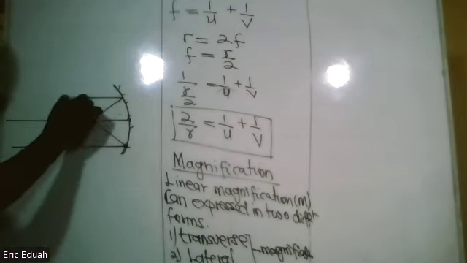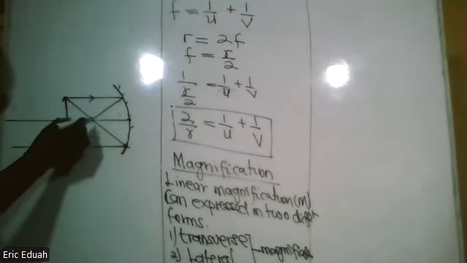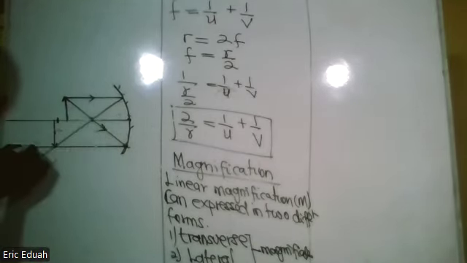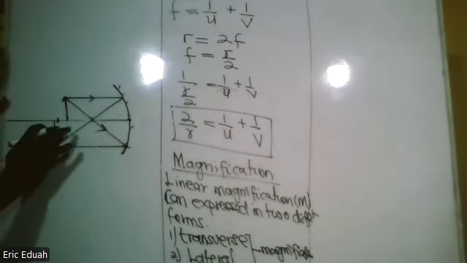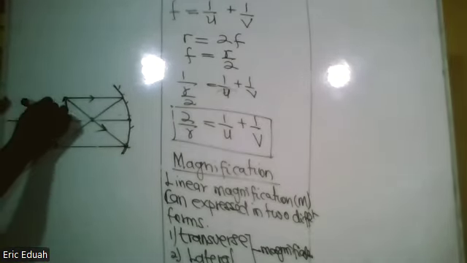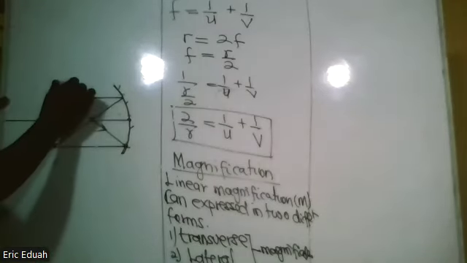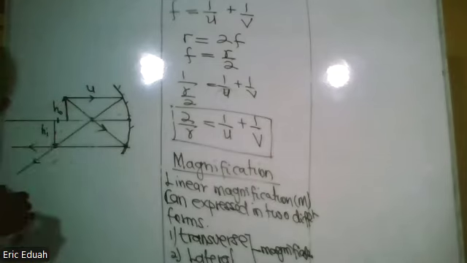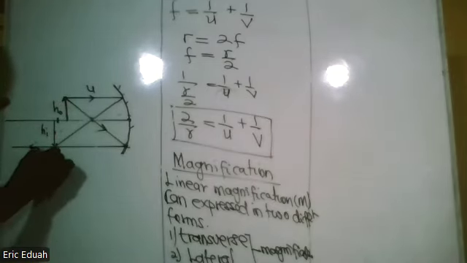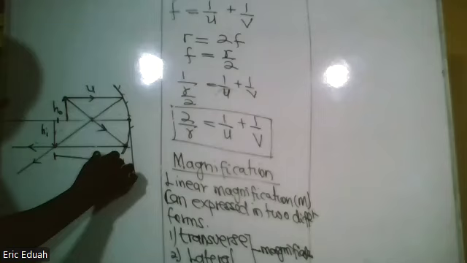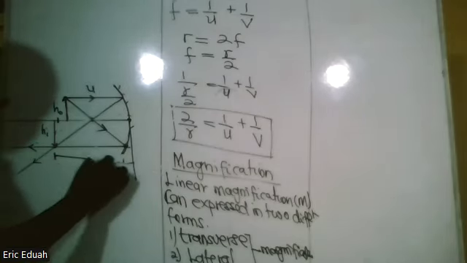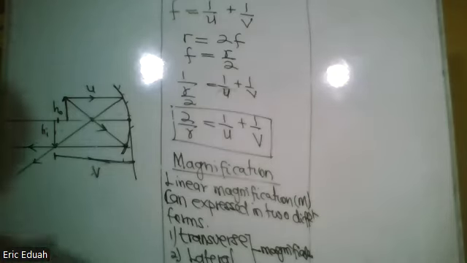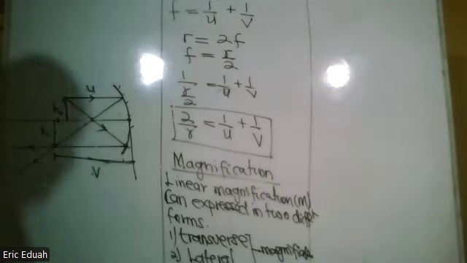Now these are rays, so do not forget to indicate the arrows. This is image height HI, object height H naught. This is object distance, and then this is image distance. From what we have, the image size is larger than the object size.